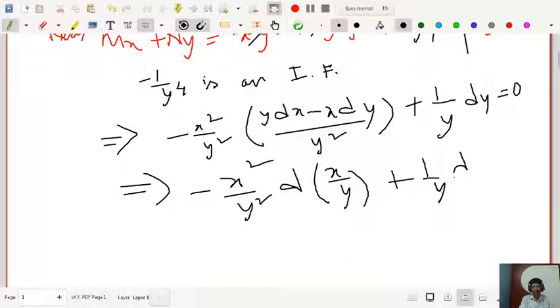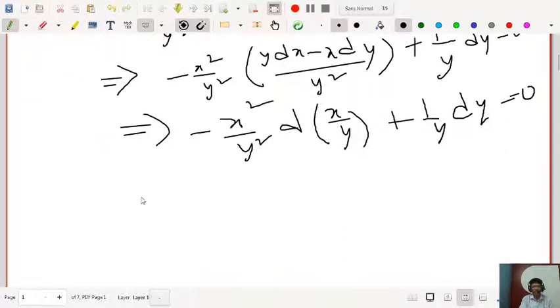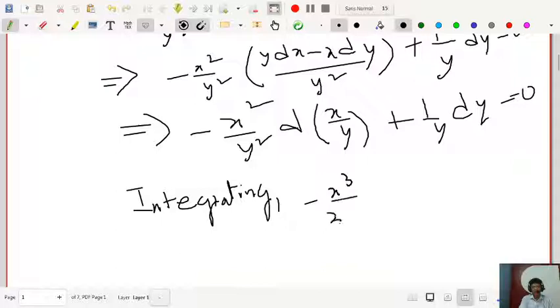So now you can integrate that. Integrating, you will get the result. This is like x square dx. What is the answer of x square dx? Minus x cube by 3y cube, right?